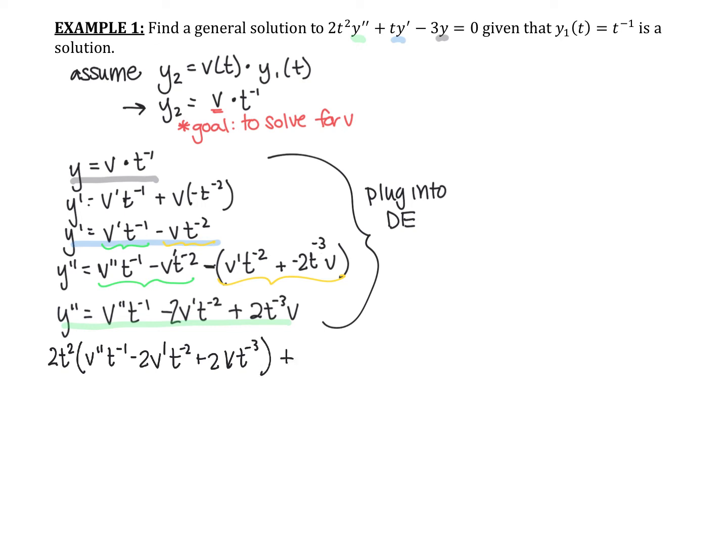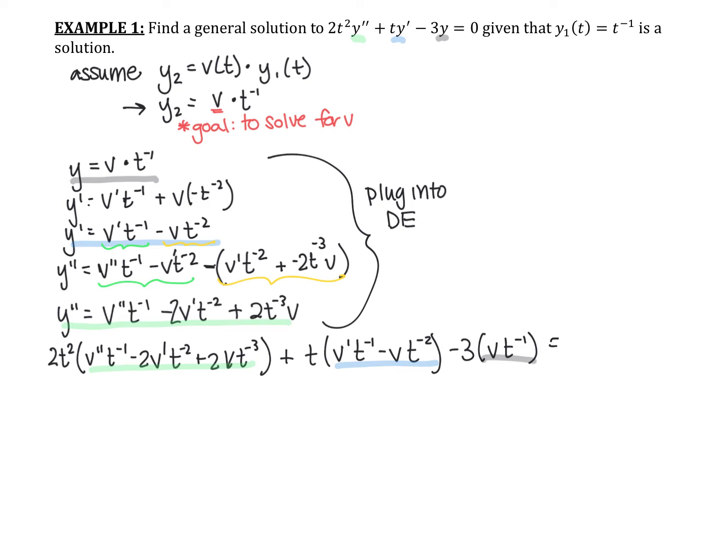Now my first derivative will have a t out front, and then we will have v prime t to the negative 1 minus vt to the negative 2, minus 3vt to the negative 1. Okay, so we have our y prime and our y double prime, and this has to equal 0.